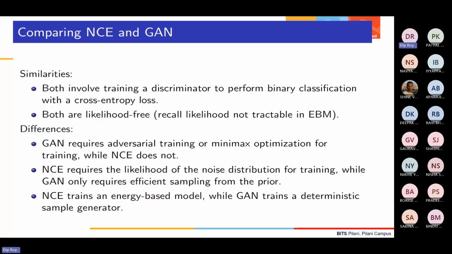NCE requires the likelihood of the noise distribution for training, while GAN only requires efficient sampling from the prior. And NCE trains an energy-based model, while GAN trains a deterministic sample generator. So this is the comparison between NCE and GAN.